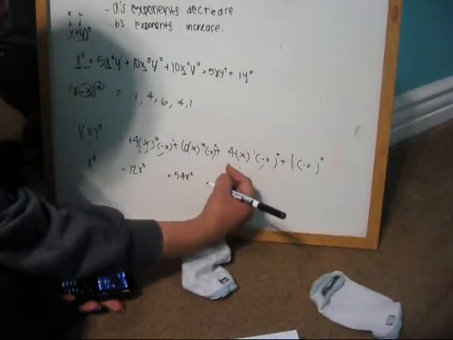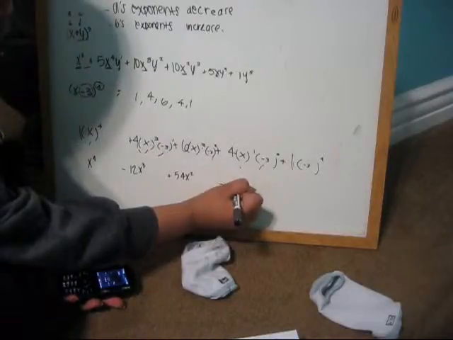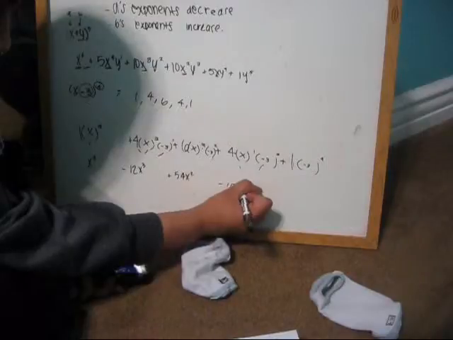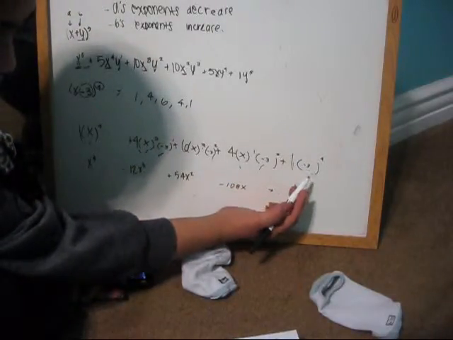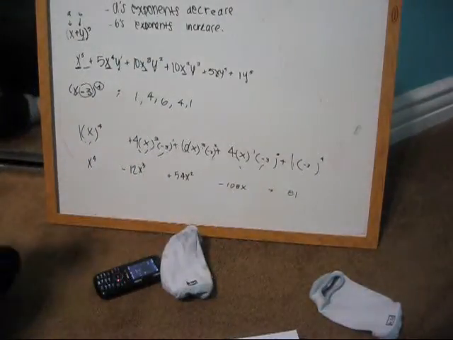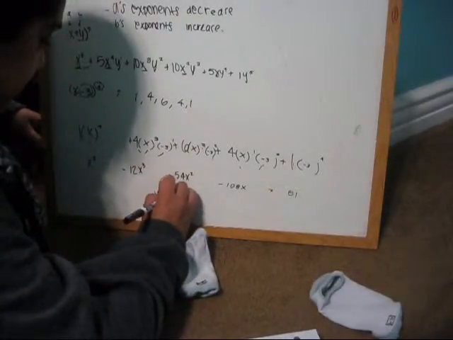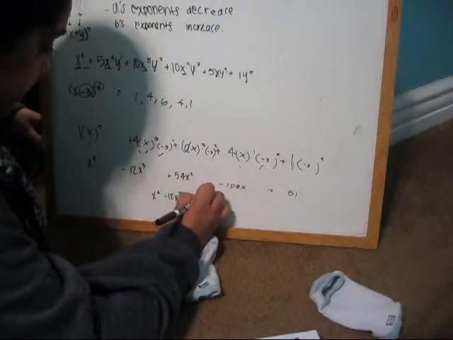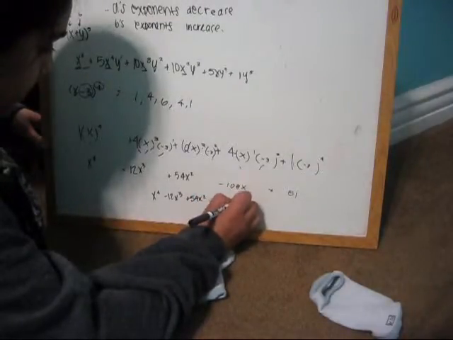So minus 108x, plus negative 3 to the fourth, that's 81. That's where I got that 81 from. So your final answer is x to the fourth minus 12x cubed plus 54x squared minus 108x plus 81.